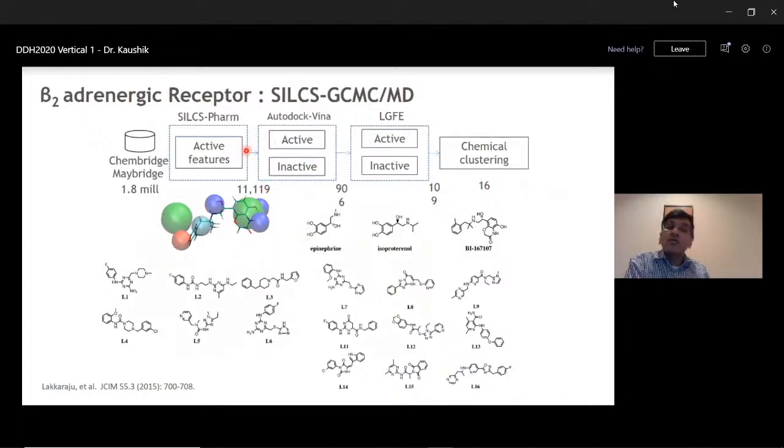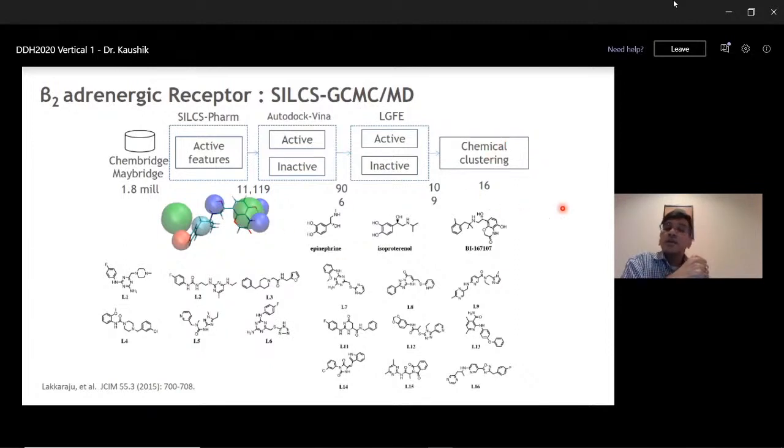And then from this point on, started running a screen that preferentially drives binding of ligands into the active or stabilizes the active binding pocket compared to the inactive binding pocket. And from that, of course, we come up with a list. We, of course, ran chemical clustering primarily towards coming up with heterogeneous chemical matter.